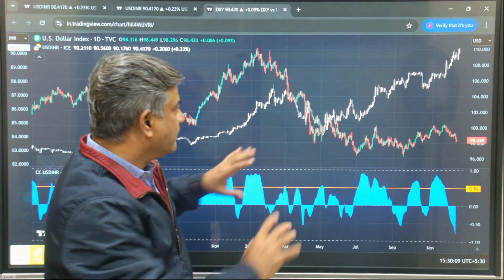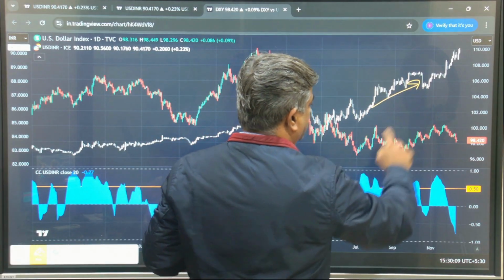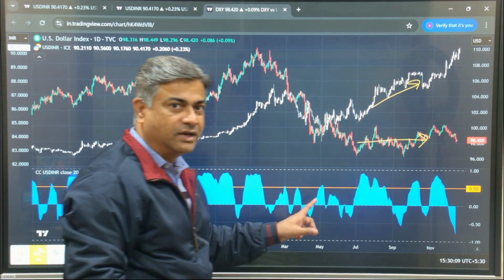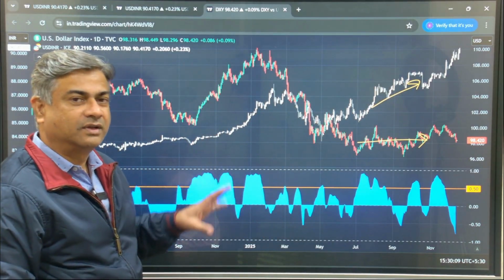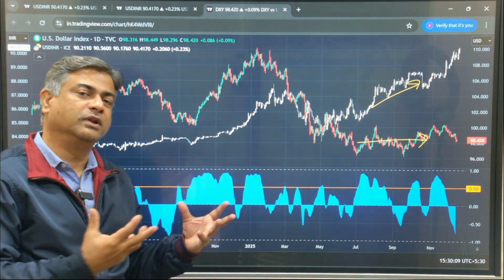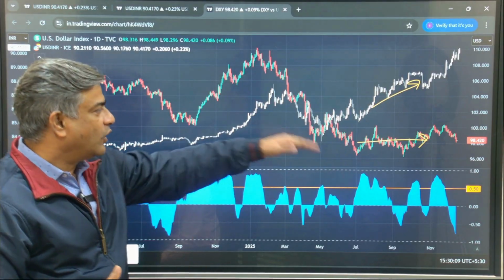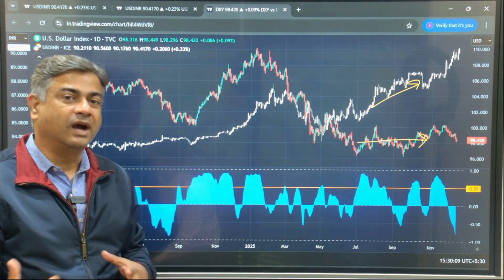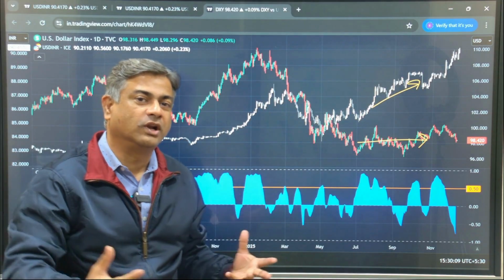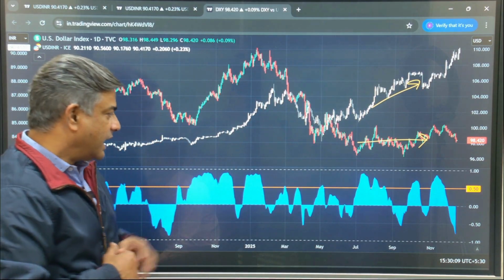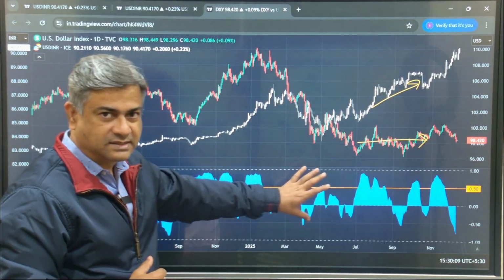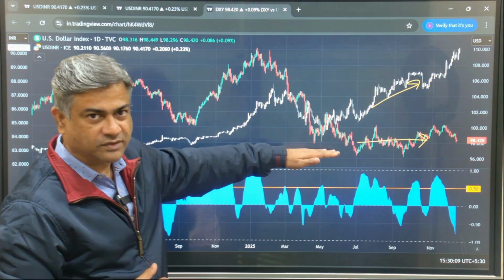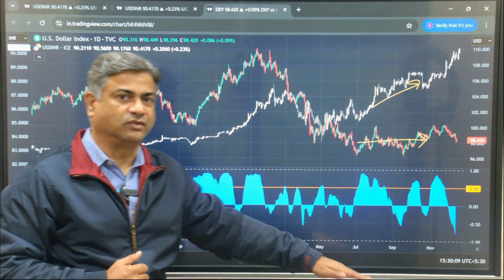Okay, so this is the dollar INR and this is the dollar index, and here on the bottom I have computed a simple correlation coefficient chart of these two. I want to see how dollar INR is correlated to the dollar index, and in these lines, the upside is the positive correlation and the lower side is the negative correlation.